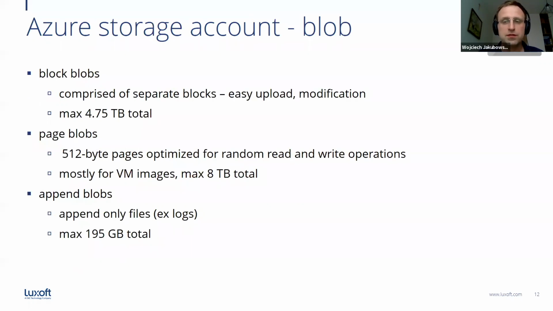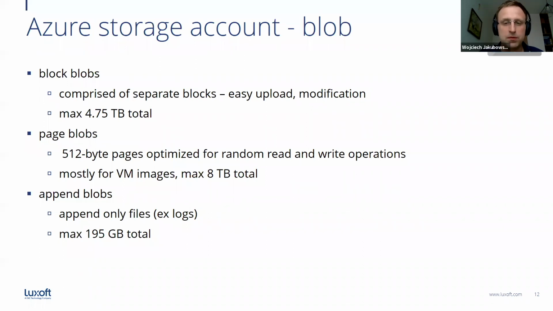There are three major types of blobs for various use cases. Block blobs are files that consist of several separate segments, which makes them easy to upload or download piece by piece, or you can easily modify one specific piece. And the maximum size of a single block blob is 4.75 terabytes in total.